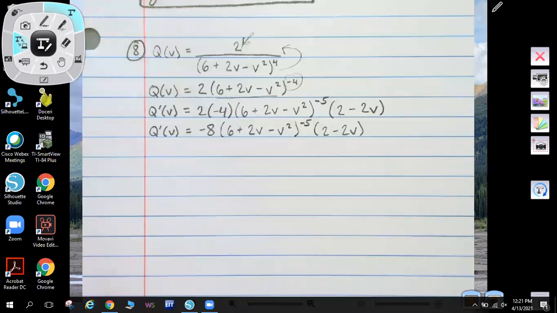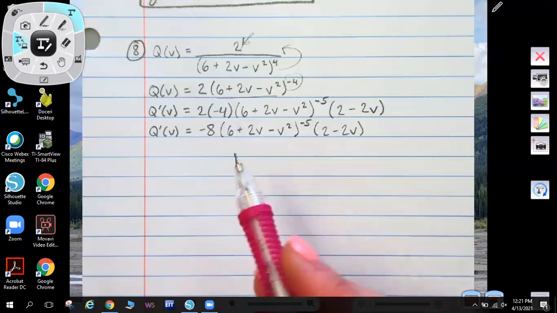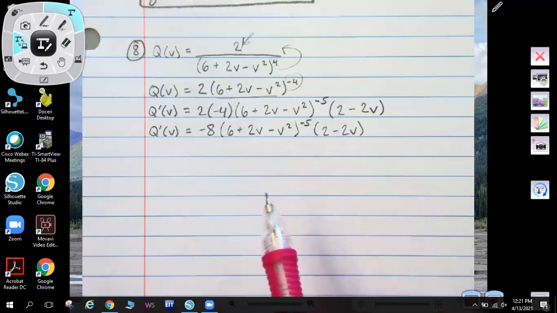Okay, we're ready to take the second derivative. We're actually going to have to use the product rule here because there are 2 functions being multiplied together.